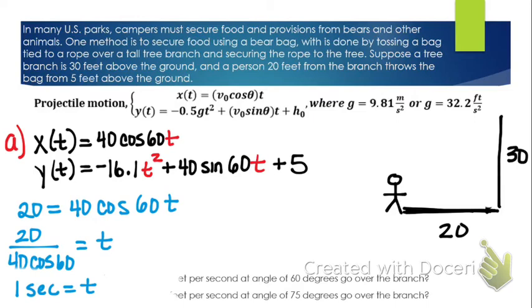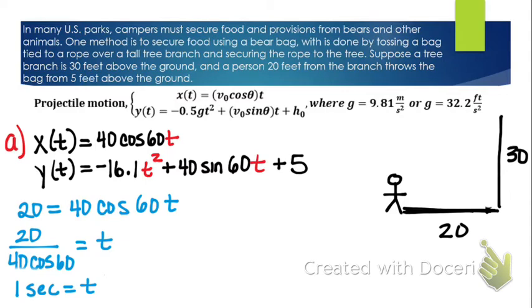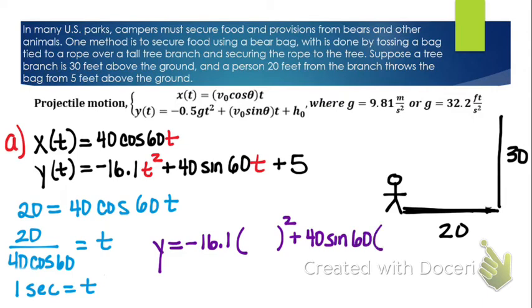So now let's figure out our vertical. So y equals negative 16.1 t squared plus 40 sine 60 t plus 5.